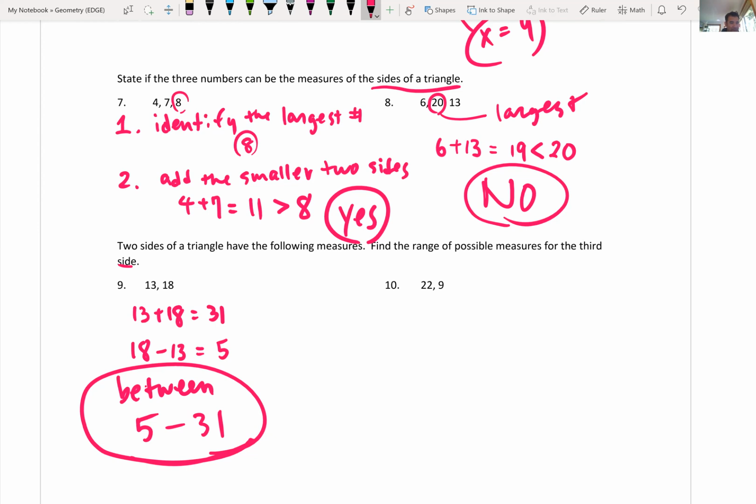So yeah, 30 will work. So you can just try a bunch of numbers. Just pick a number between 5 and 31. Would they work? I think it does.